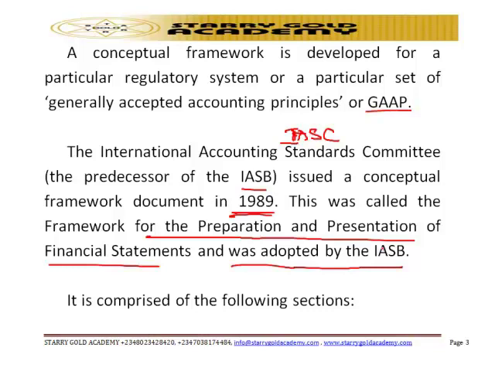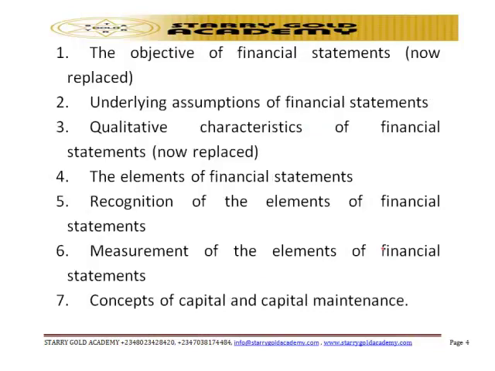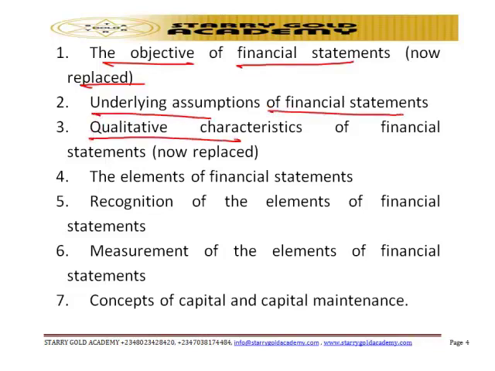It is comprised of the following sections. 1. The objective of financial statements, which has now been replaced. 2. Underlying assumptions of financial statements. 3. Qualitative characteristics of financial statements, which has also now been replaced. 4. The elements of financial statements. 5.